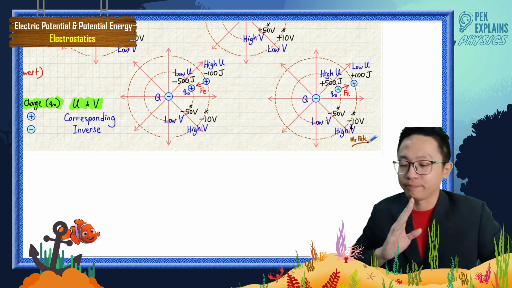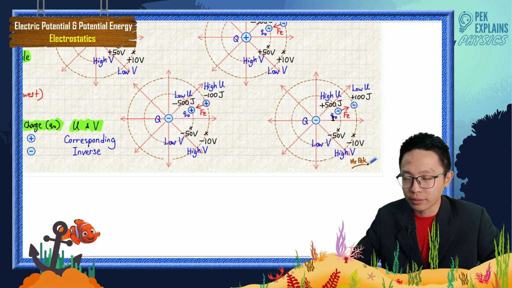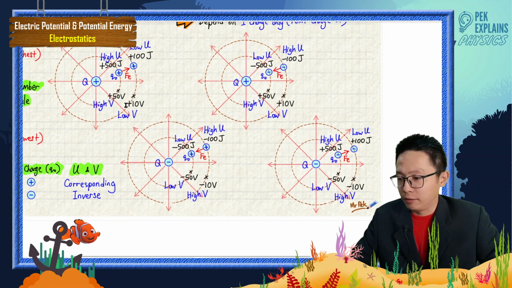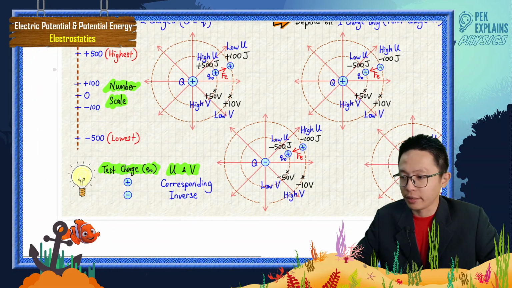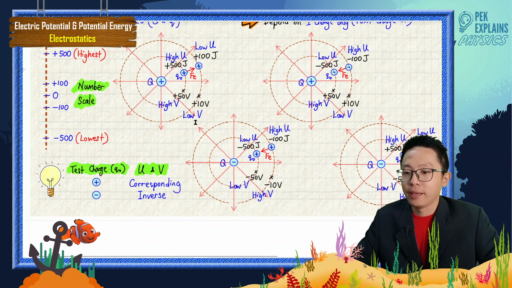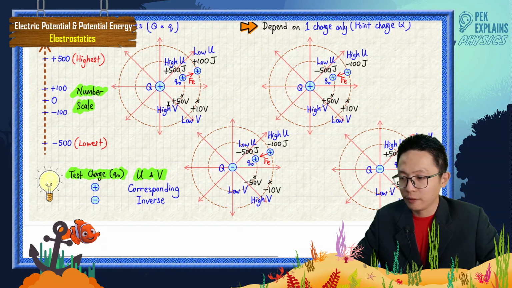Now let us look deeper. Which one has higher value according to the number scale? Now I want you to look at the first case. Which one is bigger in value, positive 50 or positive 10?